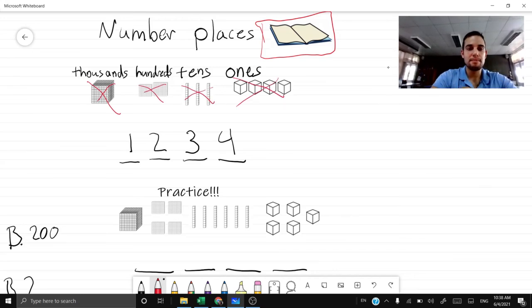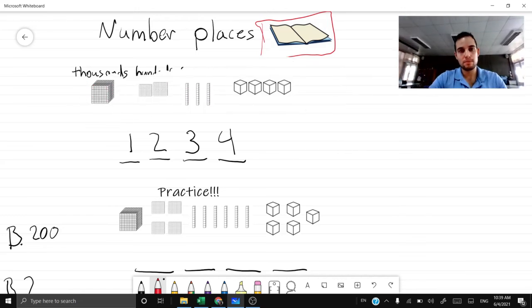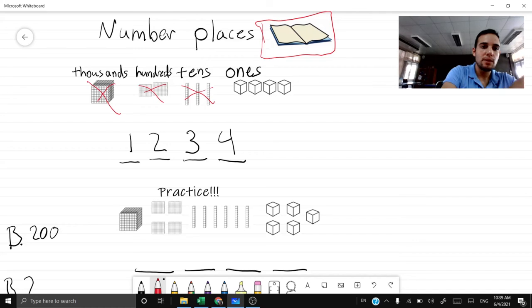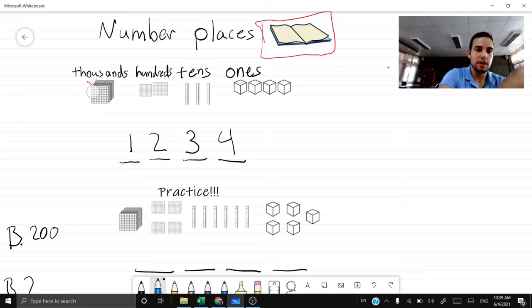You don't need to draw them, but I want you to write down thousands, hundreds, tens, and ones, like you see in the picture. Instead, don't draw a cube with 1,000 cubes. You can write the number 1 here. Okay? In your book, just write the number 1.